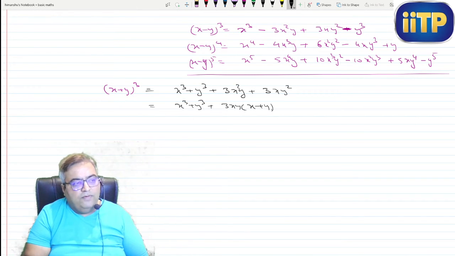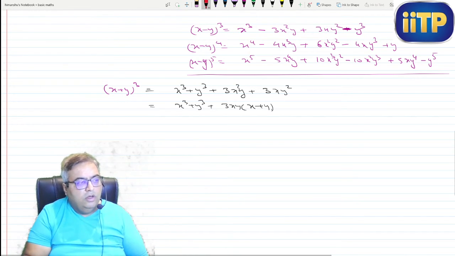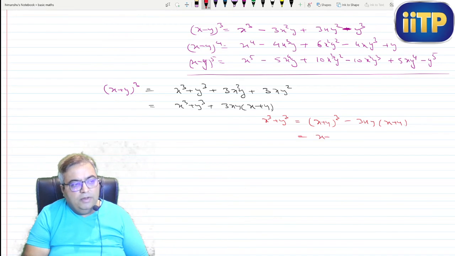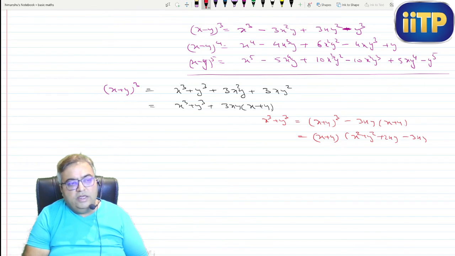From here you can find the expression for x cube plus y cube. x cube plus y cube can be written as (x+y) whole cube minus 3xy into (x+y). So you can take (x+y) common, and write (x+y) whole square, so x square plus y square plus 2xy minus 3xy.